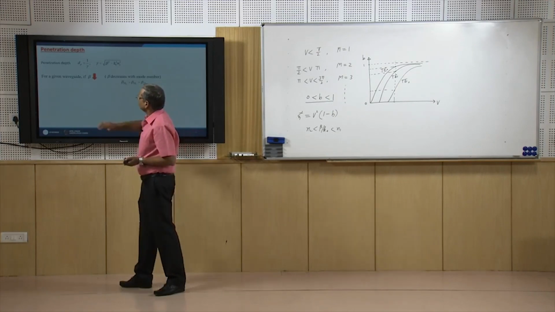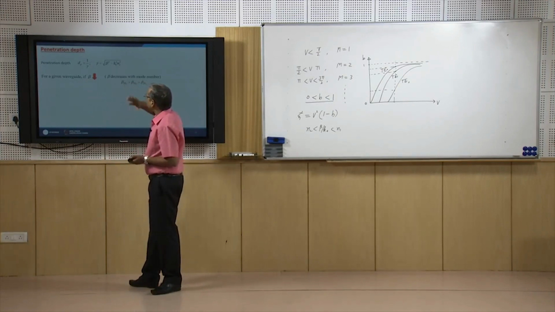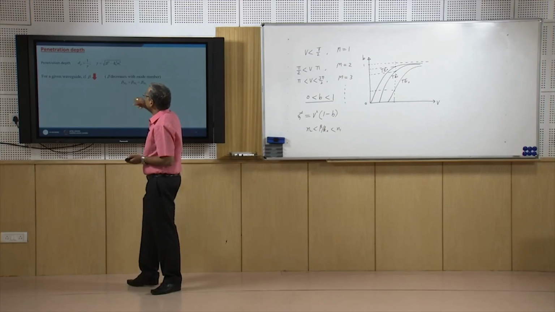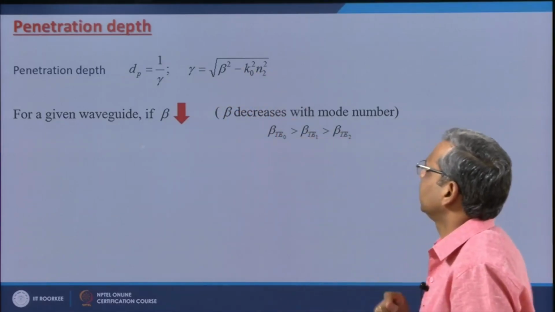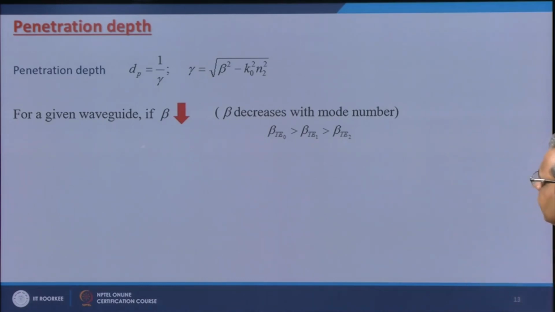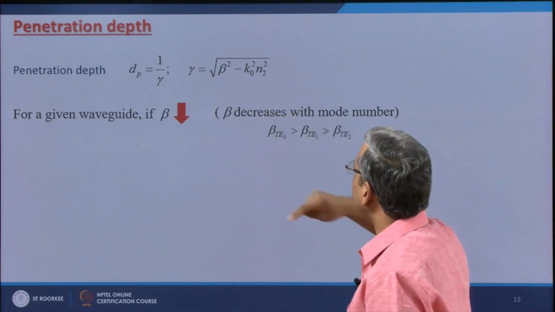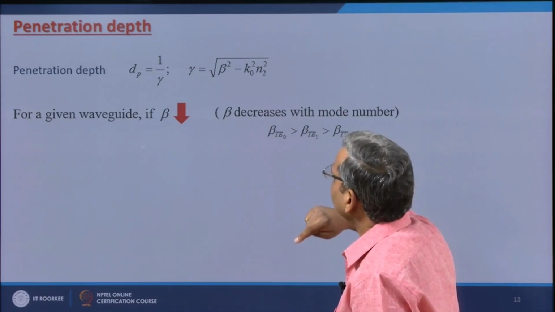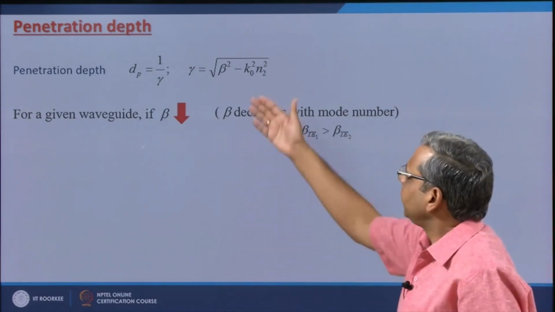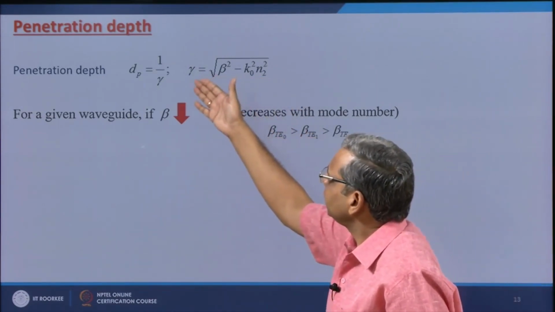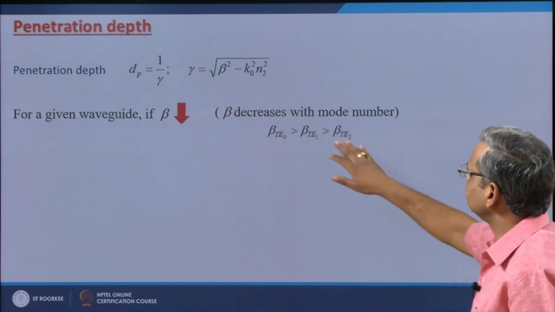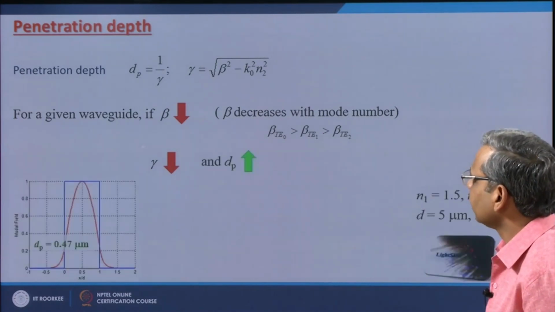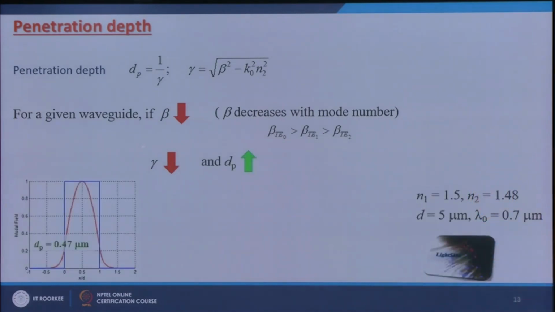For a given waveguide, penetration depth is defined by 1 over gamma, and gamma is equal to the square root of beta square minus k naught square n2 square. So if beta decreases, then gamma decreases, which means penetration depth increases, and beta decreases with mode number. That is why the penetration depth increases.